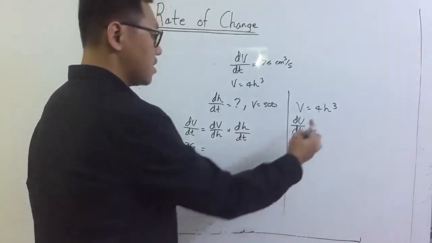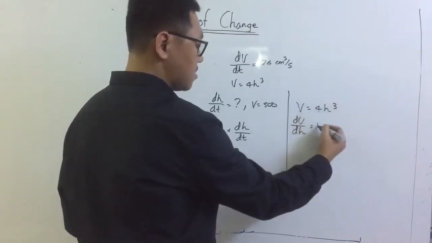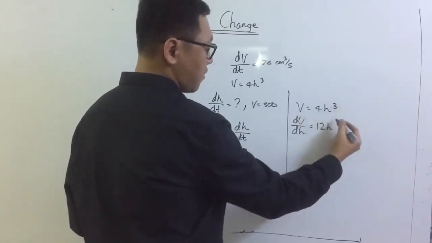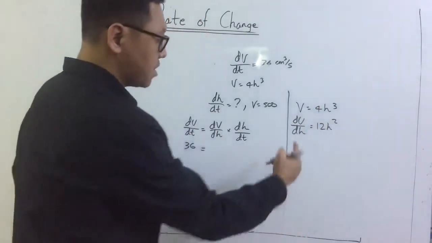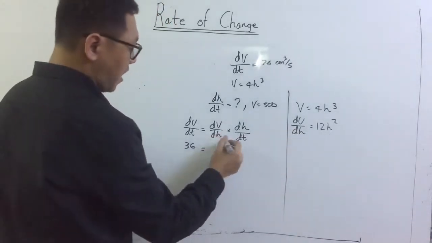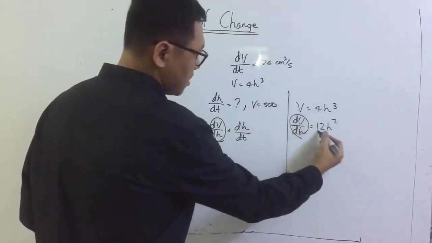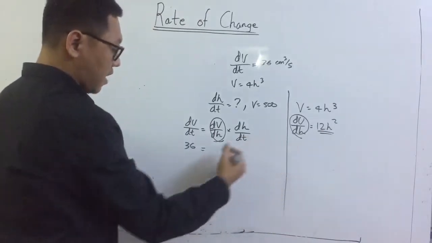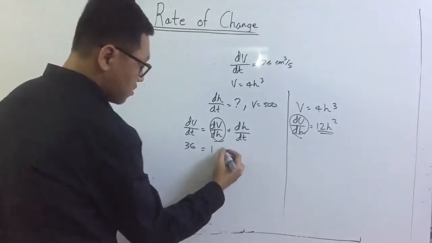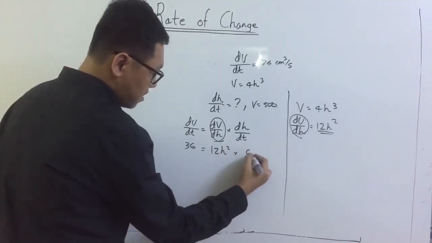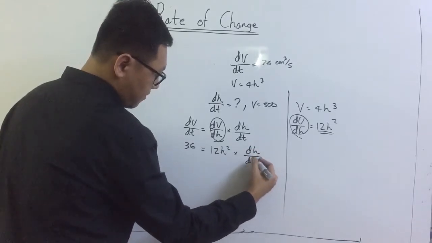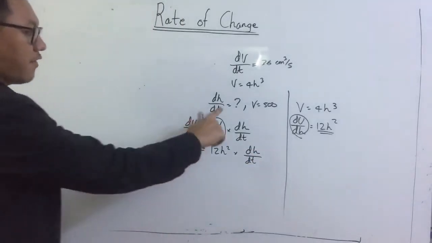So this one will be 12h squared, right? So which is dv by dh. We get here dv by dh is just 12h squared. I'm going to substitute in here: 12h squared times dh by dt. Now we are trying to find dh by dt.